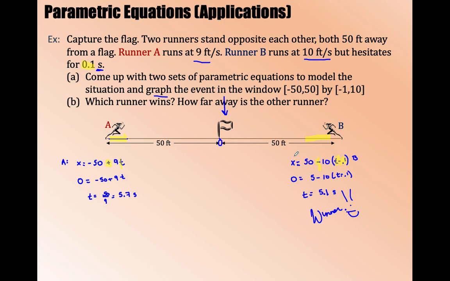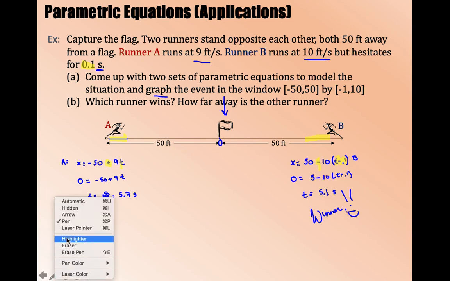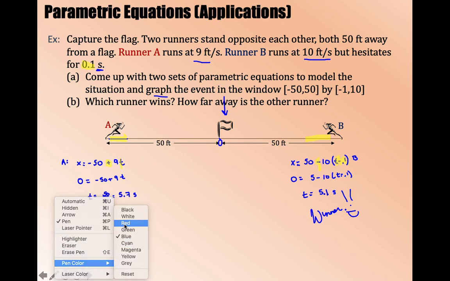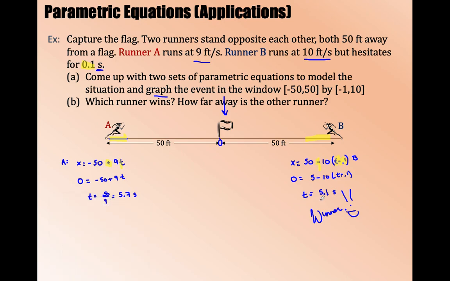By the way, when runner B gets to the flag, how far away is runner A? What do you think that means? How should I figure that out? Right? When is a t question.